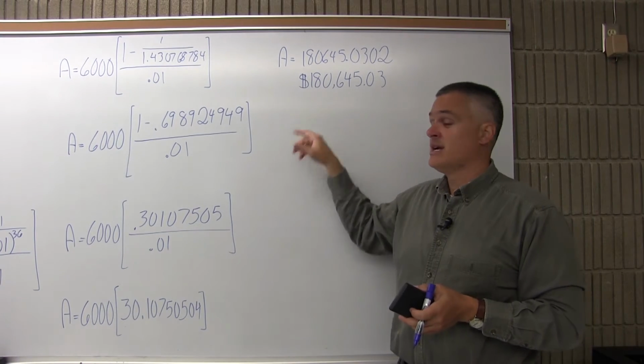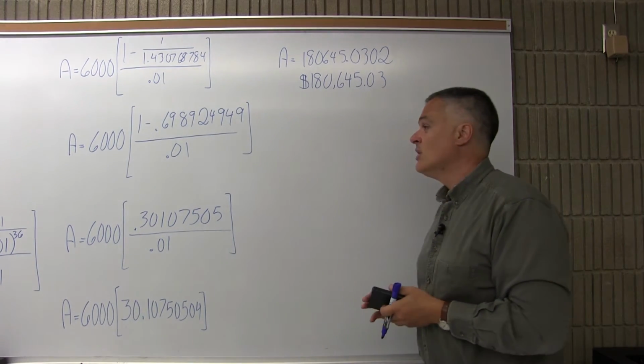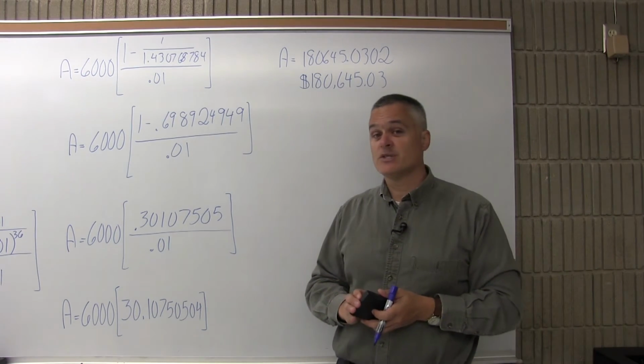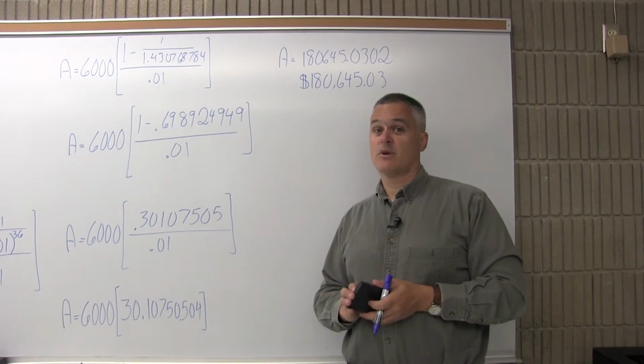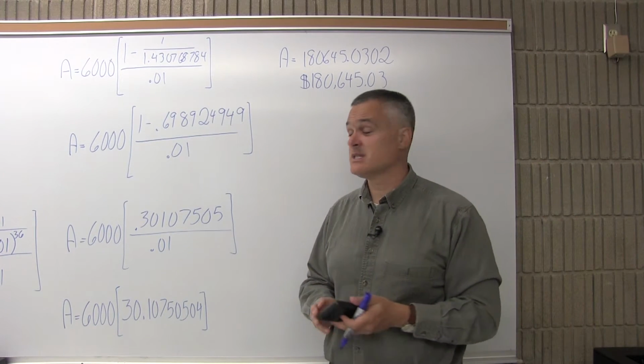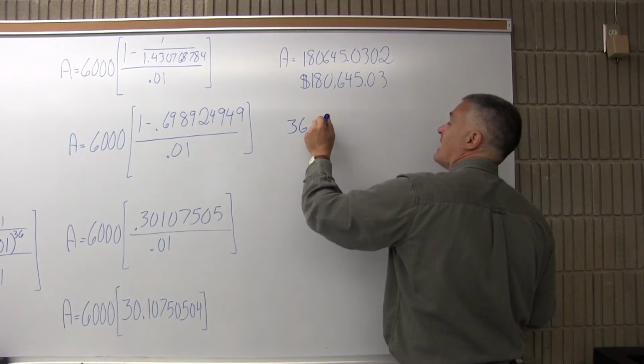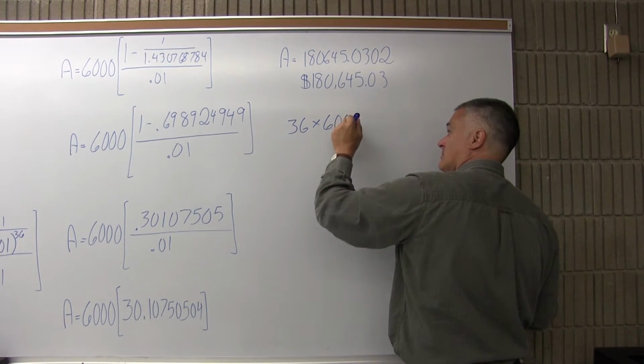Now the second part of the question is, how much do they save by having the $180,000 and something dollars up front as opposed to just paying every month? Well, how much are they going to pay Jen? They're going to pay her $6,000 every month for 3 years. Now there's 12 months in a year, so in 3 years they're going to pay her 36 months times $6,000 each month.